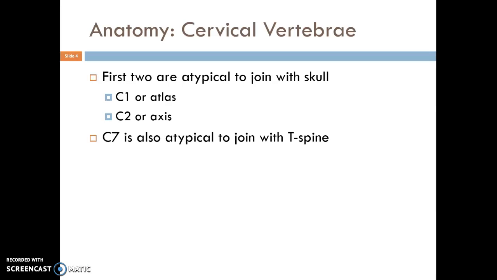They are very special in their design. C1 is known as the atlas and C2 is known as the axis. C7 is also very special, in that its spinous process is known as the vertebral prominence, and it is not bifid like the other cervical vertebrae.